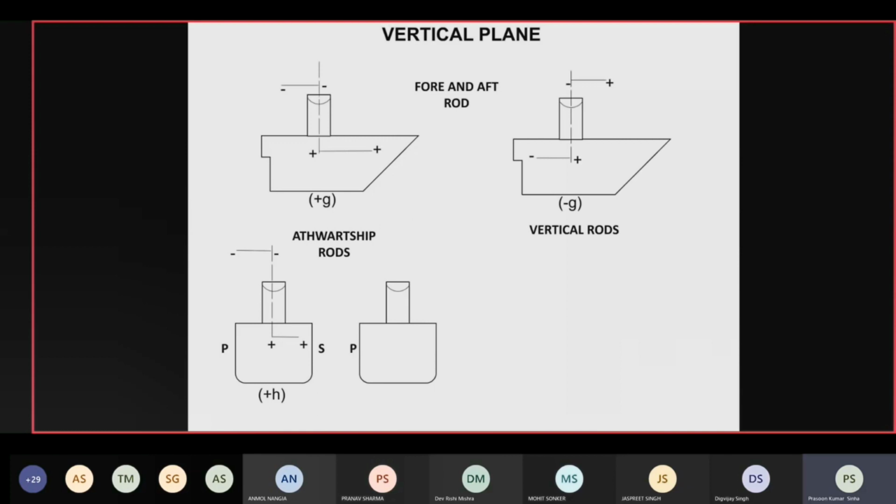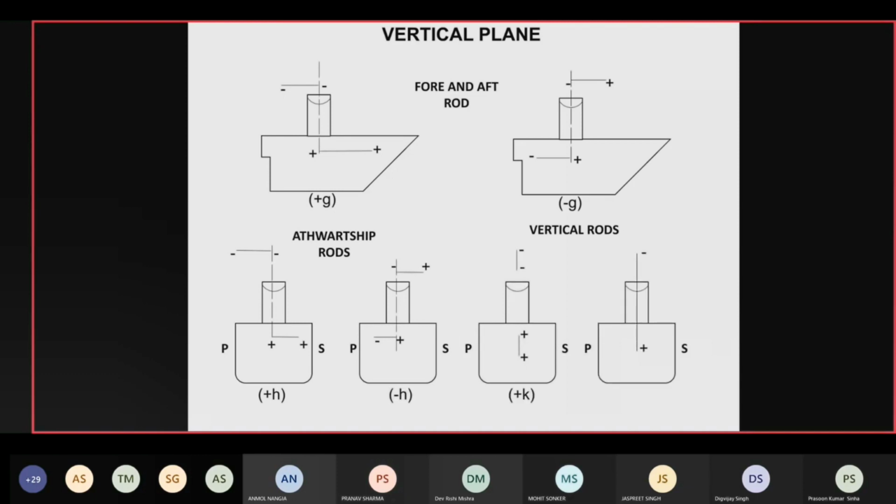And there can be a vertical rod, which is oriented vertical. So we have these 9 kinds of rods.